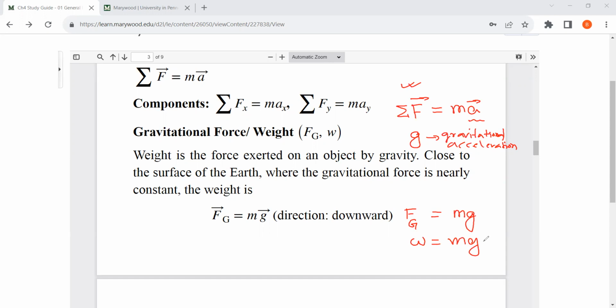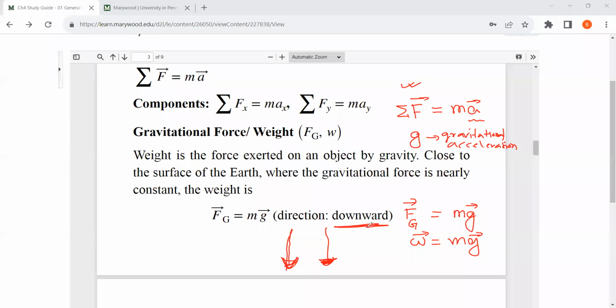In vector form, it's something like this. Now, you know that the gravitational acceleration is always downward, right? Because Earth pulls everything downward. Because the direction of the gravitational acceleration is always downward, the gravitational force's direction is also downward.